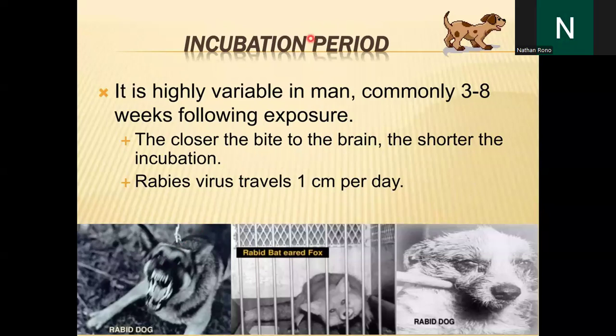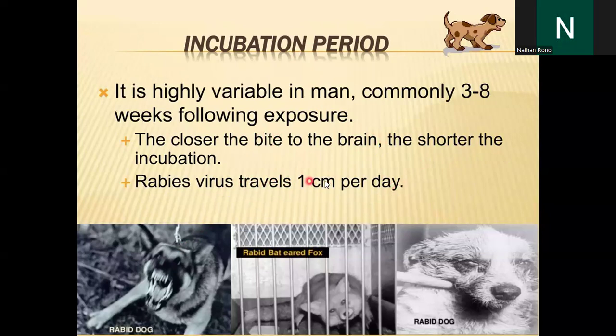Is it me who was bitten on the forearm or my friend who was bitten on the neck? My friend, yes, because I've said, the closer it is to the brain, the shorter the incubation. Rabies travels 1 centimeter per day.